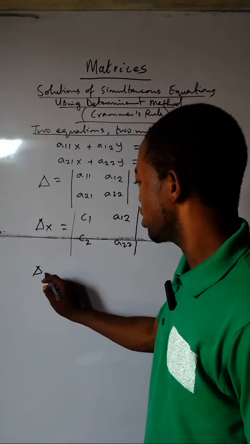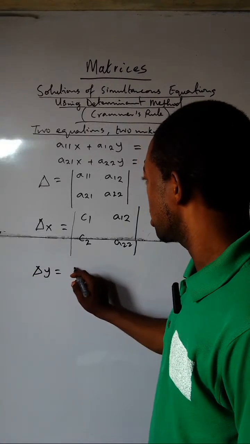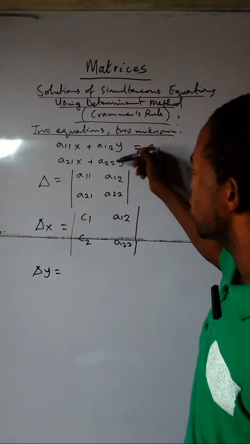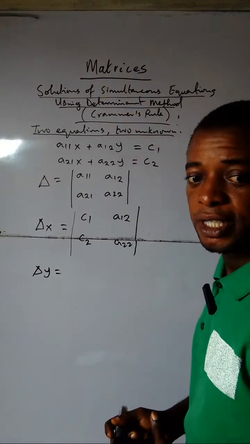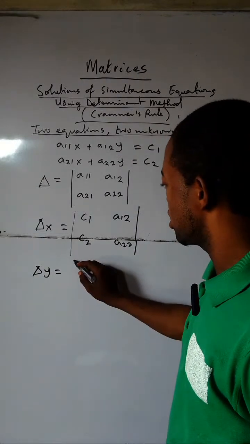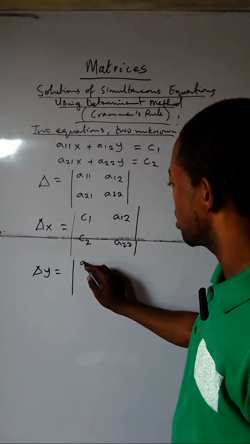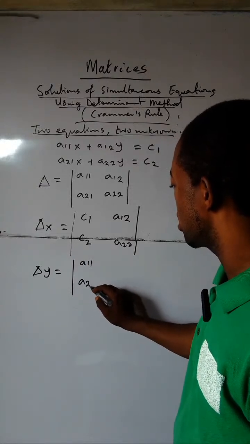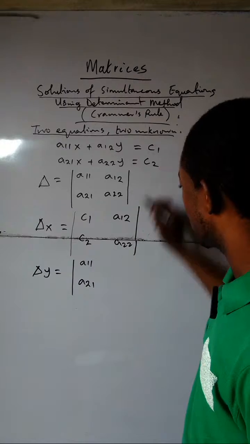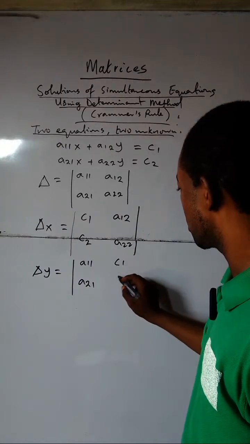Then the same way we find determinant with respect to y. The column of y, we replace it with the constants, which implies that the determinant with respect to y will be a11, a21, then the second column replaced with c1, c2.